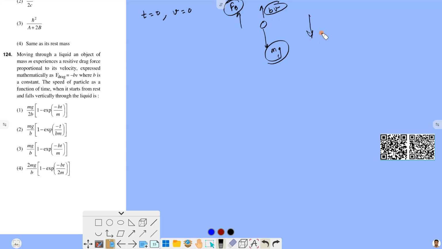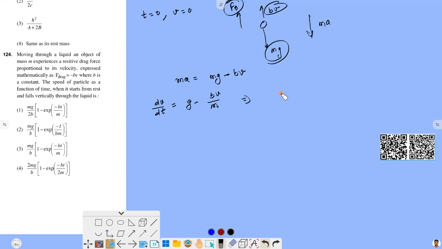Assuming that net downward force is m times a, so we can write that ma is equal to mg minus bv, and we have taken an assumption here that there is no buoyant force. So that's why we can write this formula. Now from this we can write that acceleration can be written as dv by dt, that will be equal to g minus bv by m.